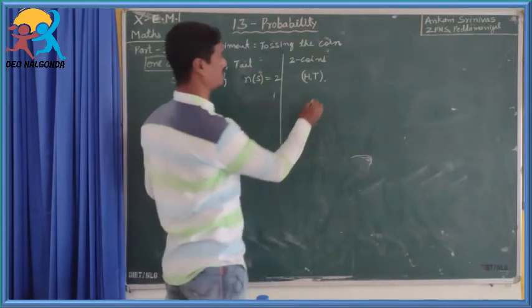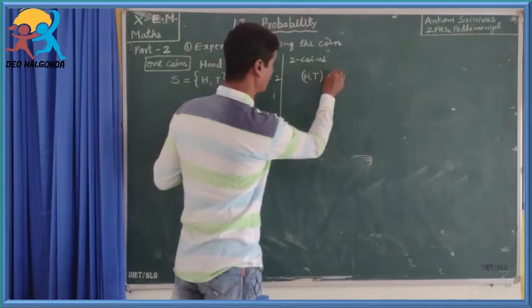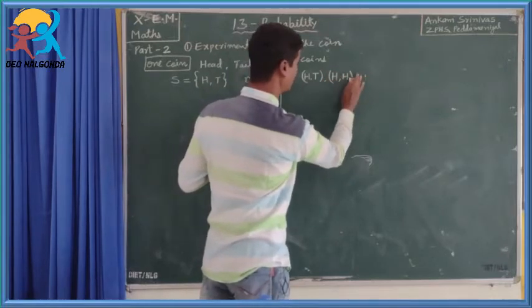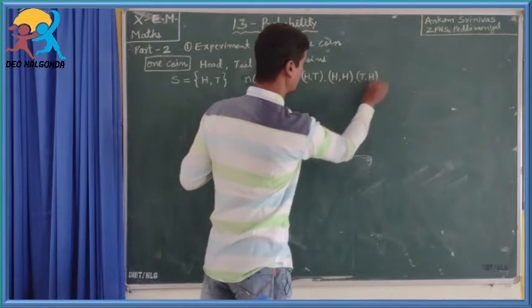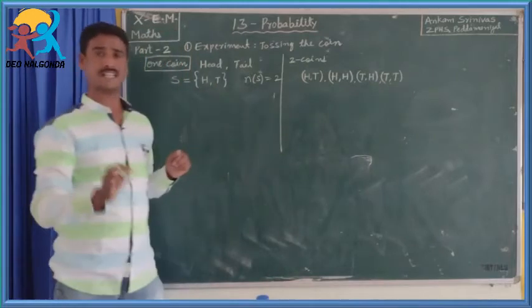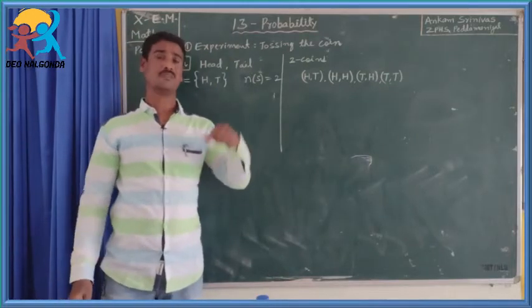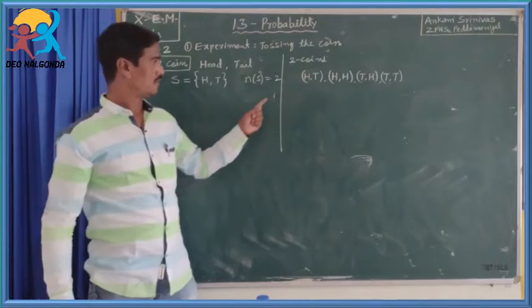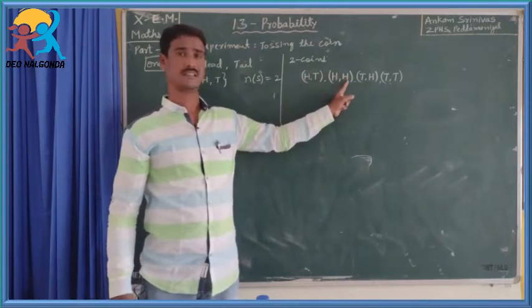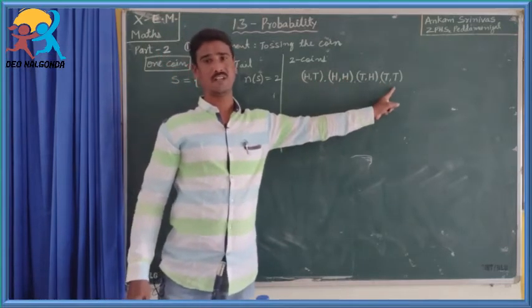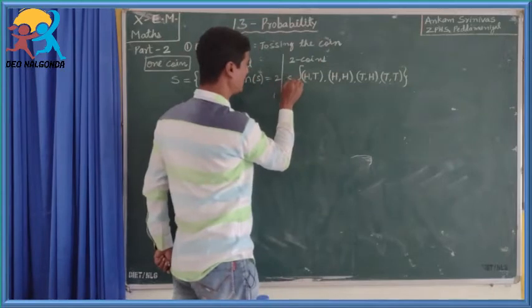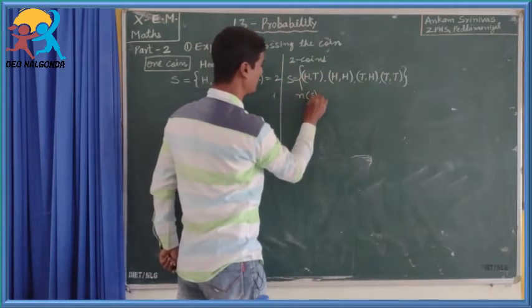In the second case, H comma H. In the third case, T comma H, and T comma T. That means when you toss two coins at a time or one coin two times, we will get H comma T, H comma H, T comma H, and T comma T. The total number of outcomes here is 4, so in the sample space n of S equals 4.